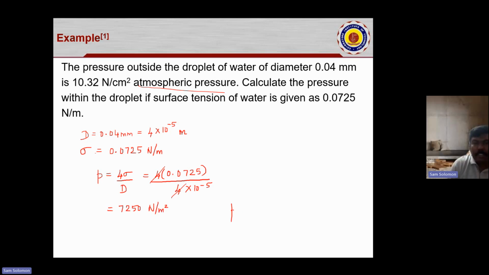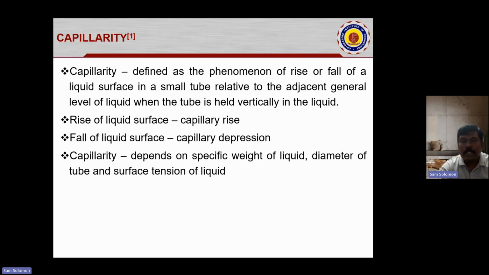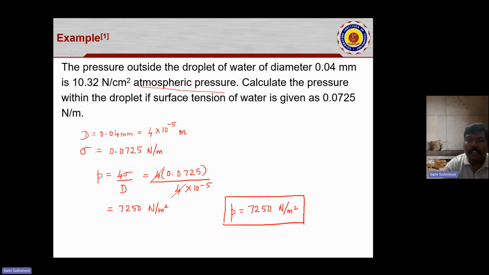That is the intensity of pressure inside the water droplet. Okay. So we will stop here and we will continue in the next section.